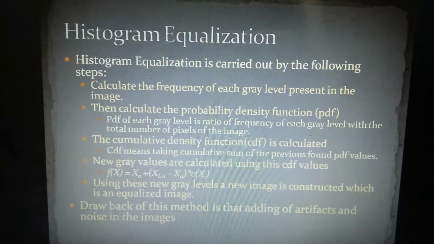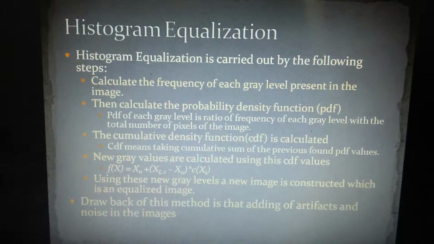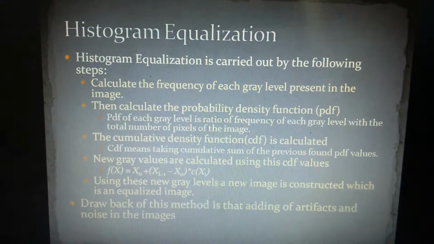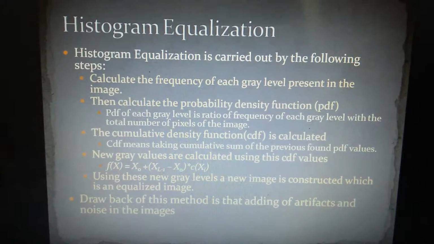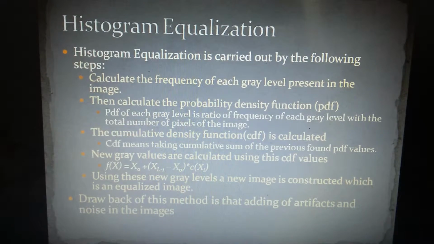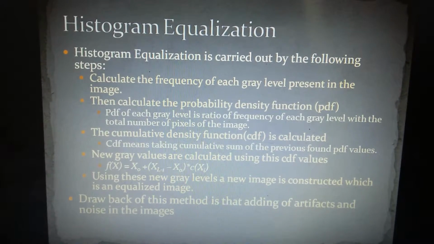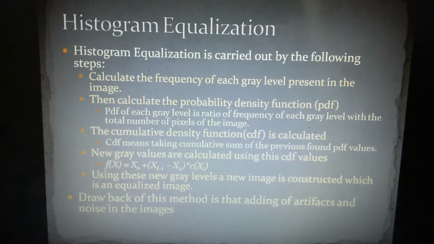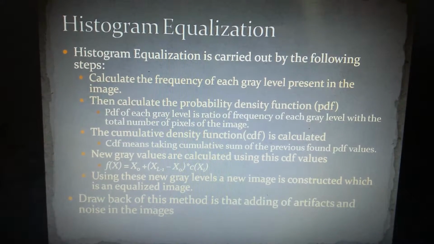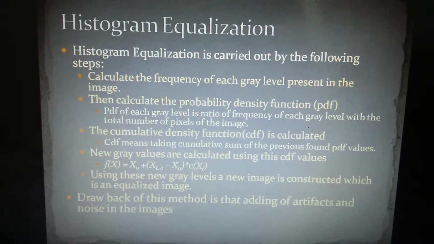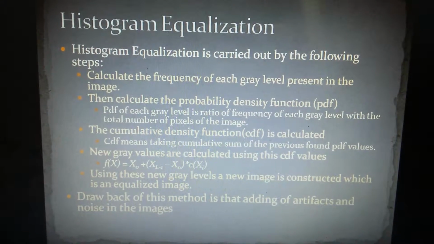The first step is to calculate the frequency of the discrete gray levels present in the image. The second step is to calculate the probability density function, which is the ratio of the frequency of the discrete gray level divided by the total number of pixels present in the image.